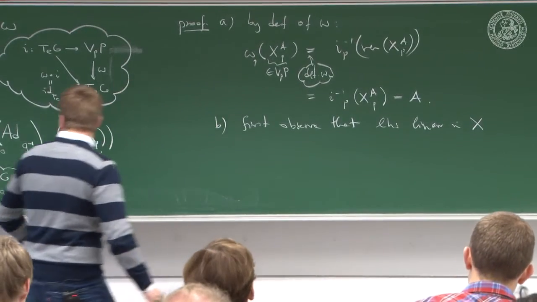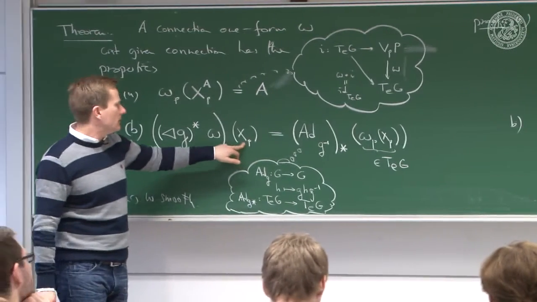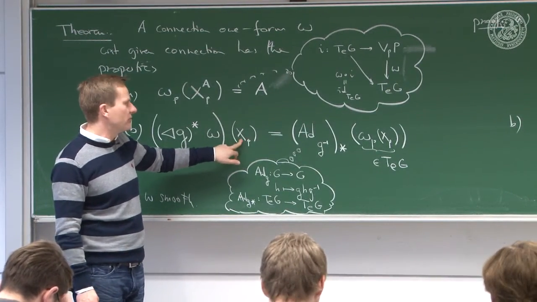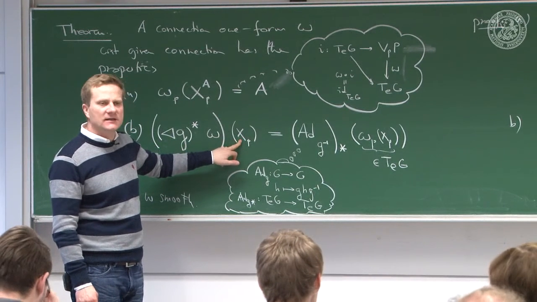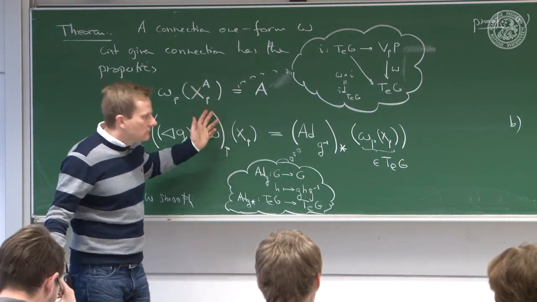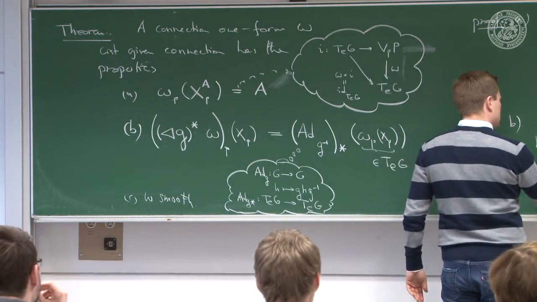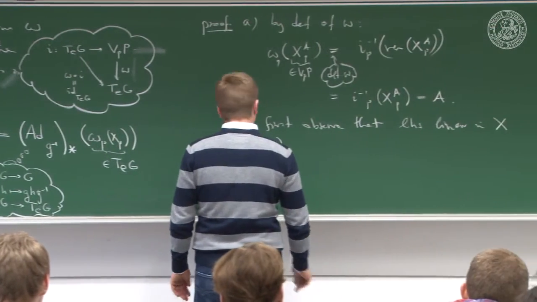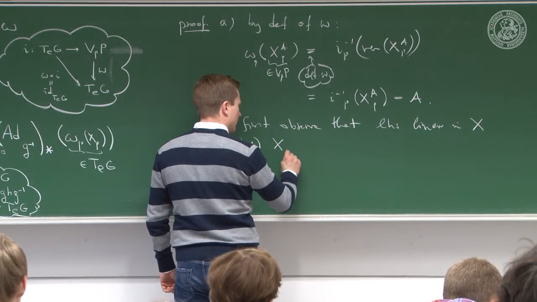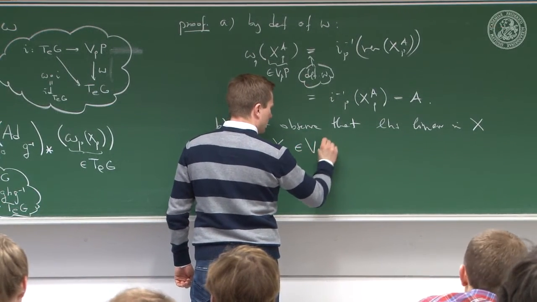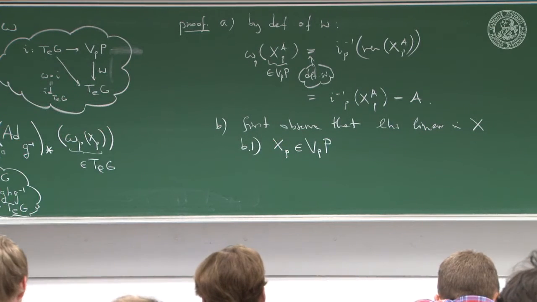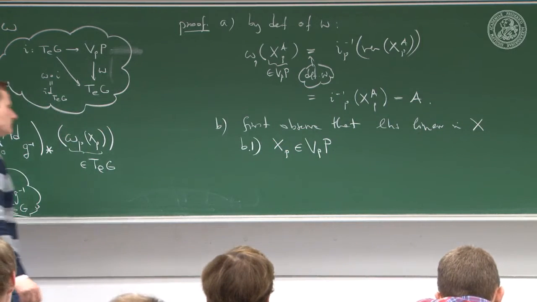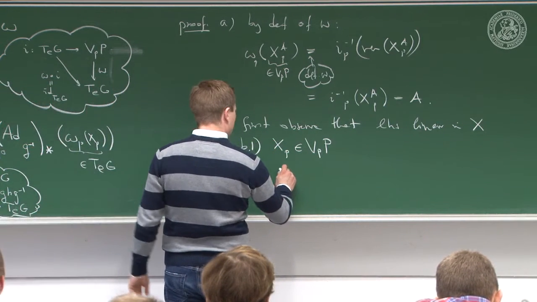So that means we can prove this by decomposing this Xp into a vertical part and a horizontal part, and we prove it for horizontal X and vertical X separately. Okay, so let's do B1. Let's say Xp is in the vertical part, and obviously B2 will be Xp is in the horizontal part. So how do we do this? Well, we start on the left.